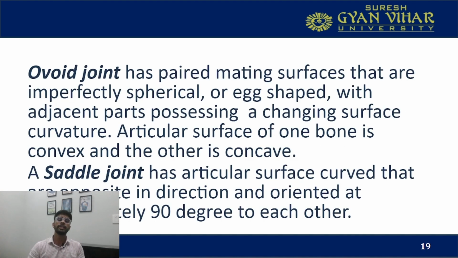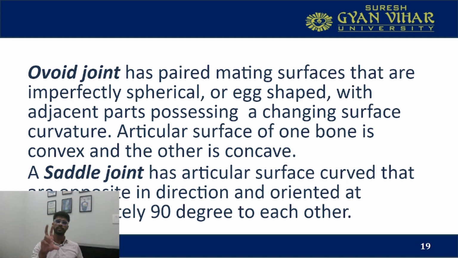Now an ovoid joint has paired mating surfaces that are imperfectly spherical or egg-shaped, with adjacent parts possessing a changing surface curvature. The articular surface of one bone is convex and the other is concave, but the convex bone is actually imperfectly spherical.